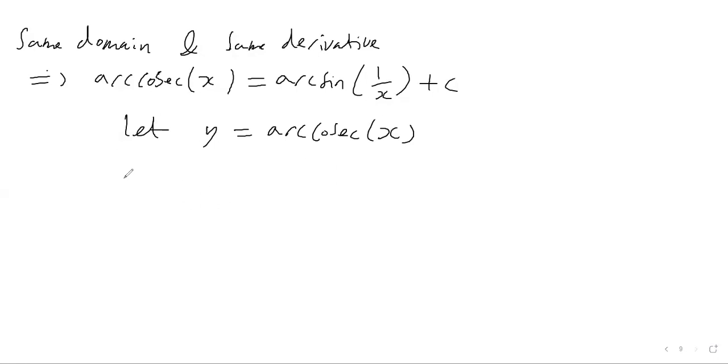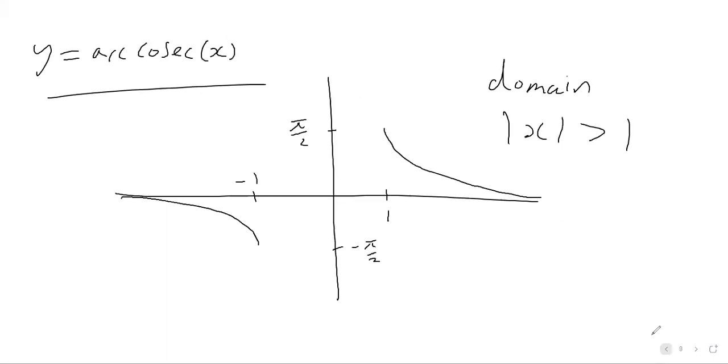And then to both sides we apply the cosec function, which is the inverse of the arc cosec function. So we get cosec of y equals cosec of arc cosec of x, but we know that this is just going to be x.